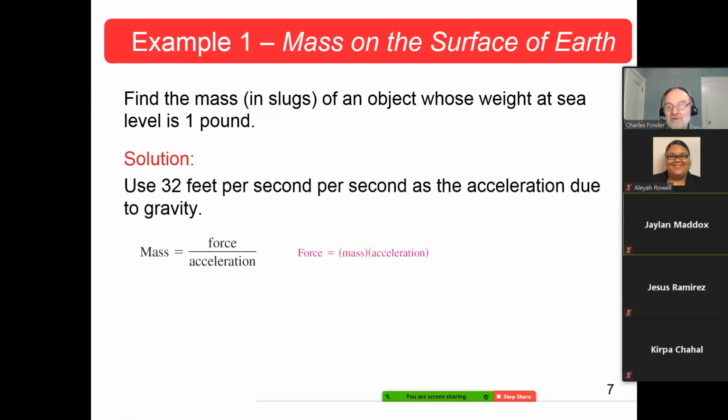Same way we did. Use 32 feet per second as the acceleration due to gravity in the U.S. customary system. So the mass would be force divided by the acceleration, which is exactly what we did. The force was 1 pound divided by 32 feet per second, usually abbreviated ft/s squared. That's much shorter to write.